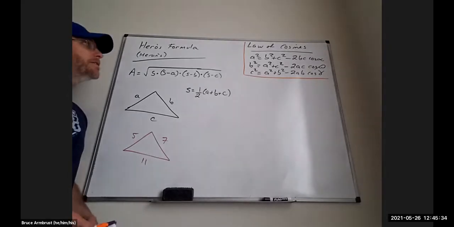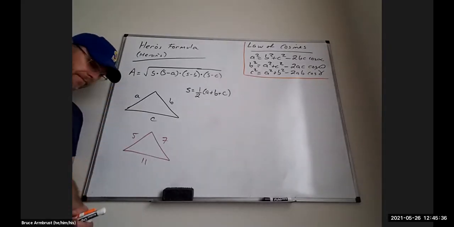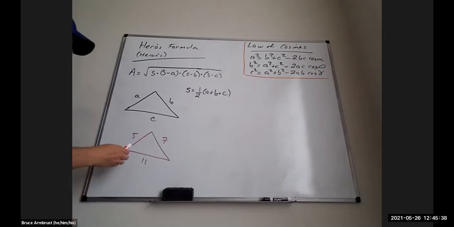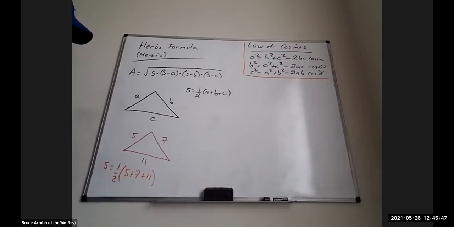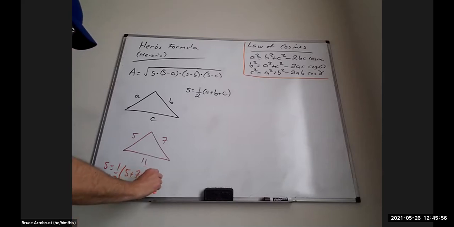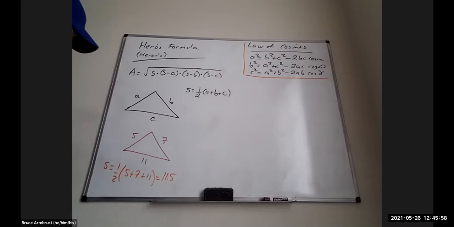But instead, we can just use Hero's formula. So let's start by finding S. S is going to be 1/2 times (5 plus 7 plus 11). 5 plus 7 is 12, plus 11 is 23. 23 divided by 2 is 11.5. So that's the semi-perimeter.